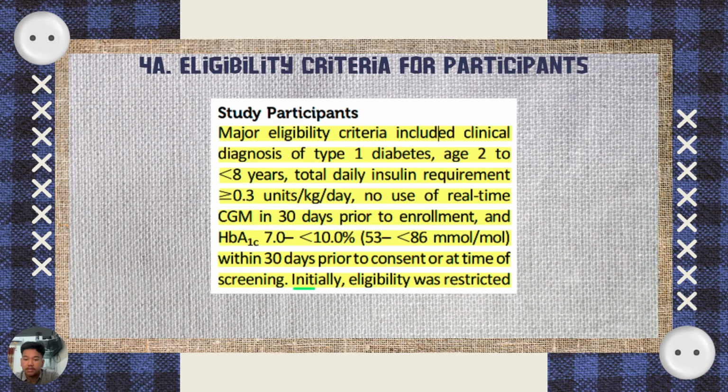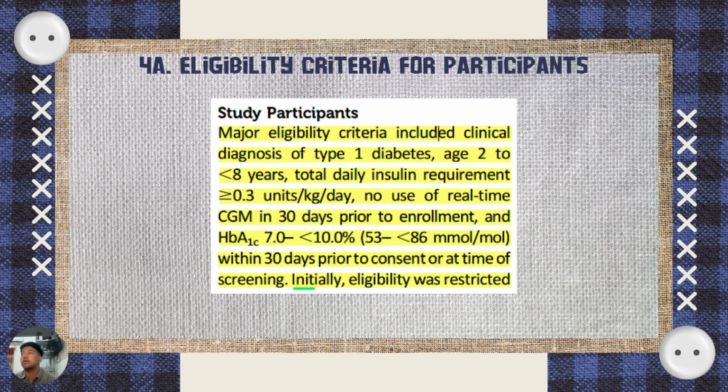And for 4A, about the eligibility criteria, the participants were children aged 2 to under 8 years with type 1 diabetes, HbA1c between 7 and 10%, clear and specified, fulfilling item 4A.